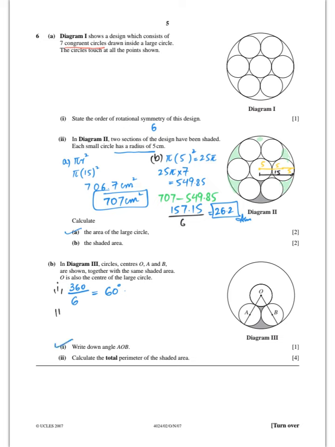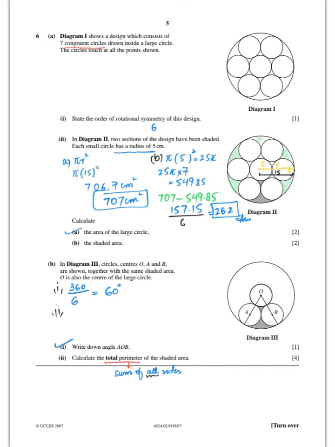After that, for the second part, it says calculate the total perimeter of the shaded region. Now first you need to understand the term total perimeter. What is perimeter? Perimeter is the sum of all sides, right? We all know very well what perimeter says. Now which sides?